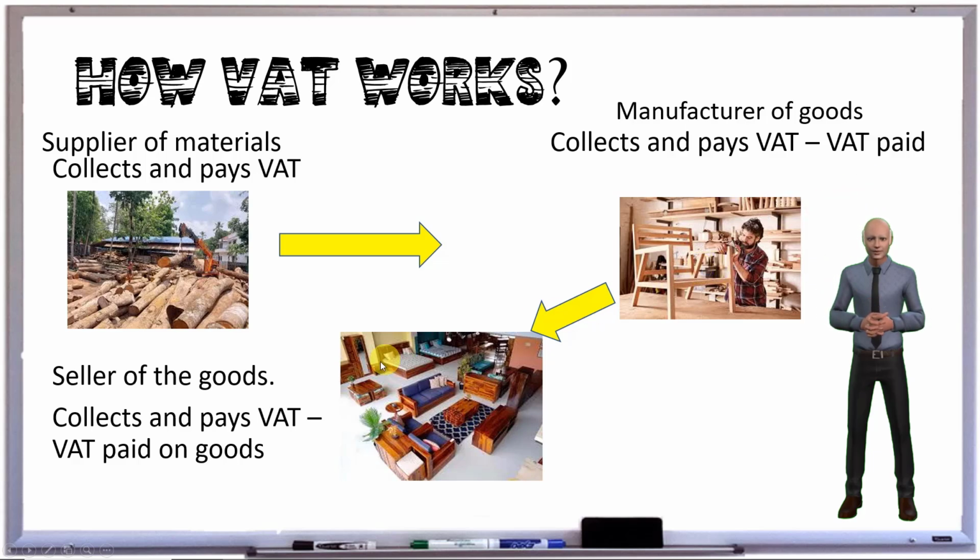Same over here, the guy of the shop, he pays the VAT to the manufacturer, and when he finally sells it, you pay VAT on the goods. Now the VAT he pays to the government is the VAT that he gets from you minus the VAT he's paid to the manufacturer.